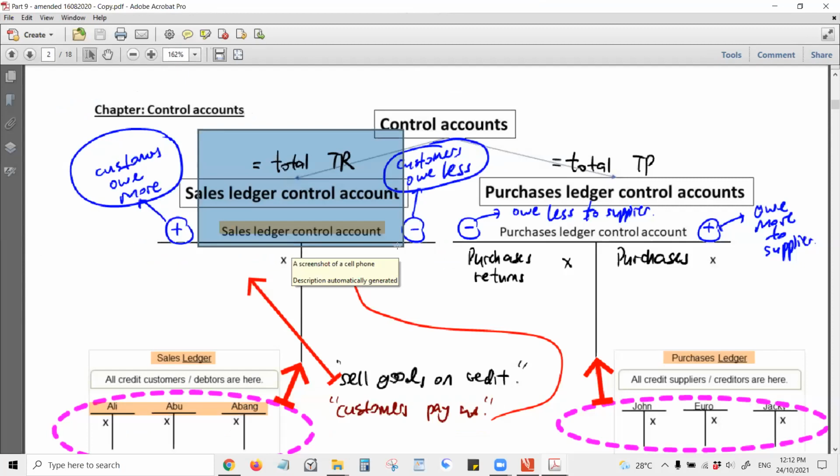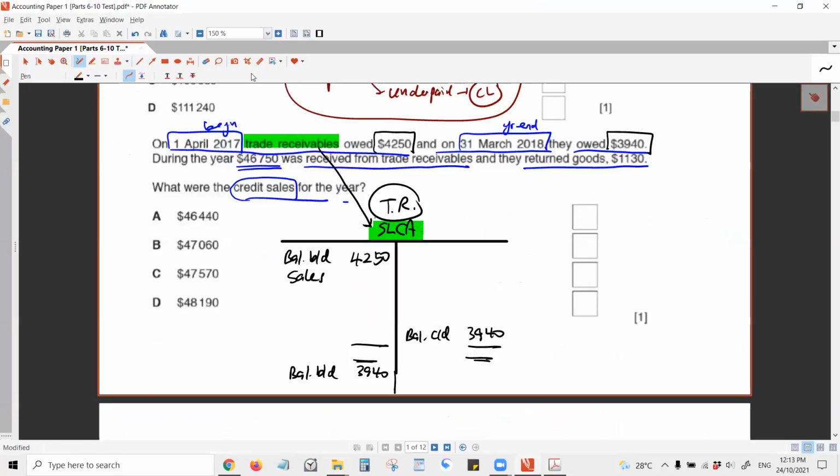Sales ledger control account is trade receivables. The way you do these two accounts is the same. So if you want to write trade receivables, then you write trade receivables, up to you. It's the same thing.